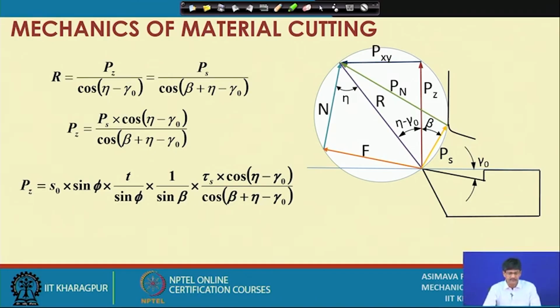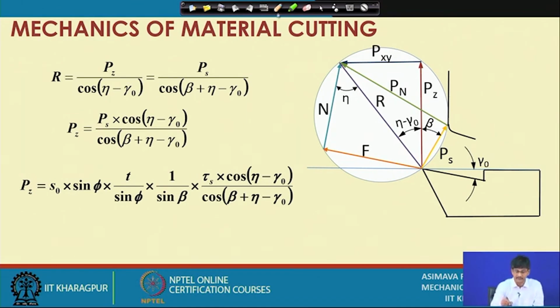Pz was found to be Ps into cos(eta minus gamma 0) divided by cos(beta plus eta minus gamma 0). We then replaced the value of Ps by the dynamic shear strength of the material and the area on which it is acting. The projected area we had found was equal to T by sin phi into S 0. So, that sin phi cancels out.